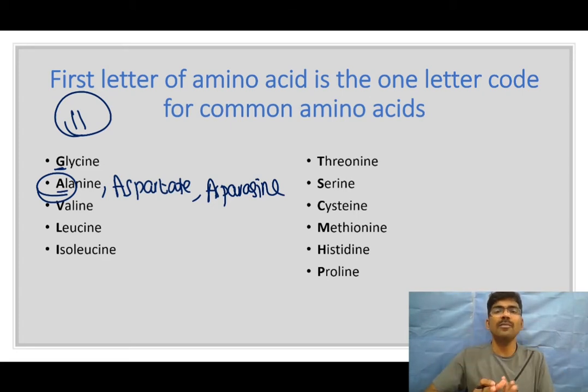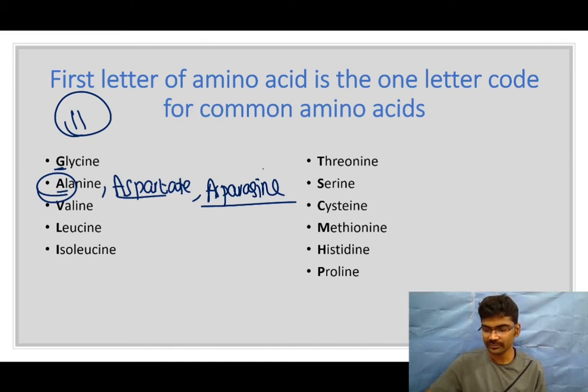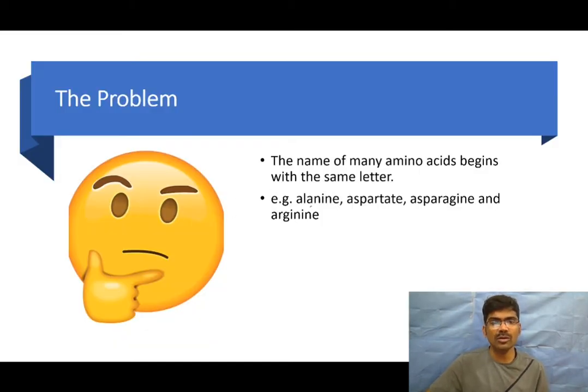The most commonly found amino acids got the first letter as the one letter code. What about others? What is the code for aspartate? What is the code for asparagine? We are going to see it. As I told you, alanine, aspartate, asparagine, even arginine, they all have A as the first letter. So how are they going to solve this?